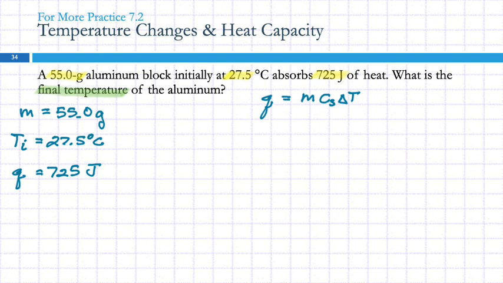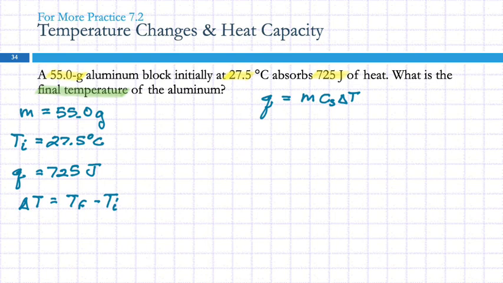So we're trying to find the final temperature, and we look at this equation, and the final temperature is not just sitting there, is it? But we know that delta T is equal to T final minus T initial.